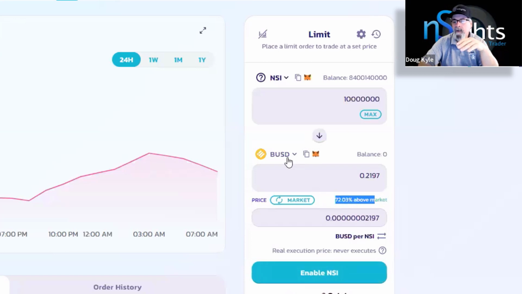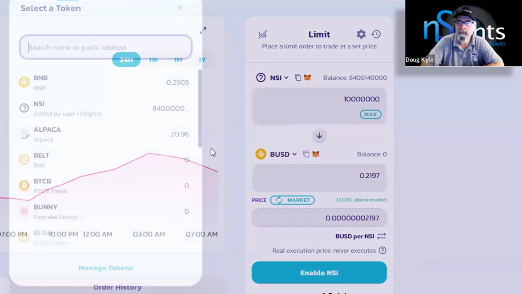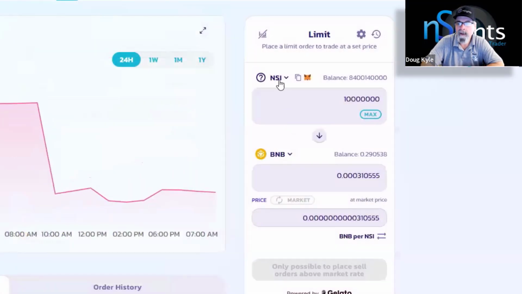Now I could leave this in BUSD and PancakeSwap does it automatically. It causes an extra transaction to do that. But if I want to be a purist and say I want to trade in BNB, all I've got to do again is remember this number, 72, right? And I change this to BNB here. Now I'm selling my NSI for BNB.